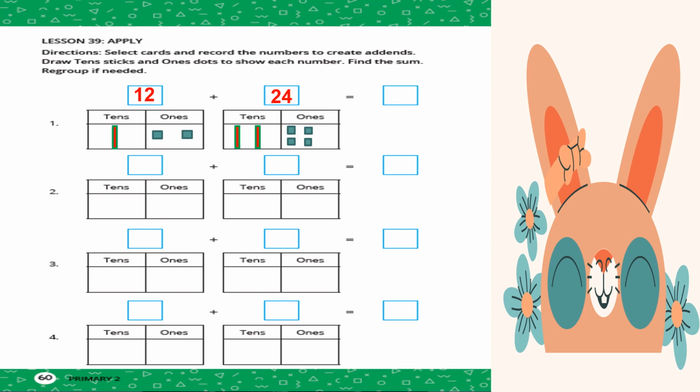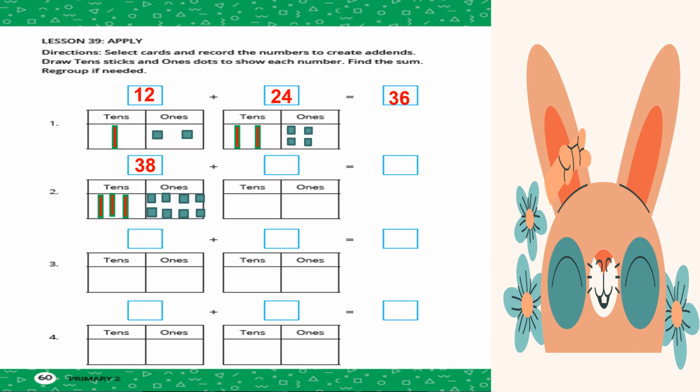2 plus 4. After 4: 5, 6. 1 plus 2 equals 3. So, 36. Number 2. First card, 38. How many sticks do we have? 3 sticks. How many small squares? 8 small squares.